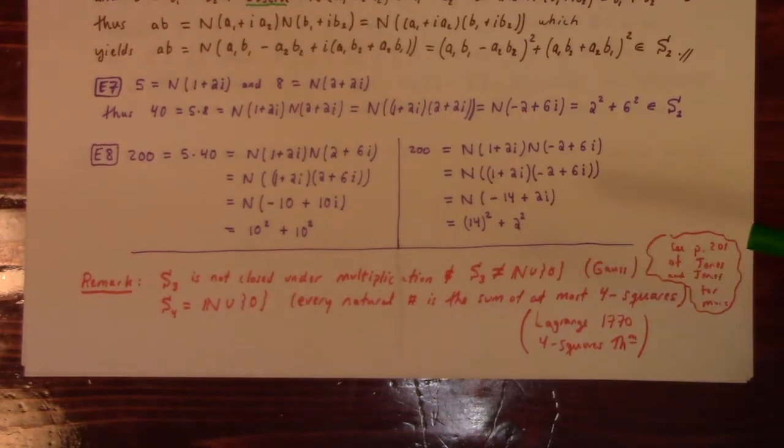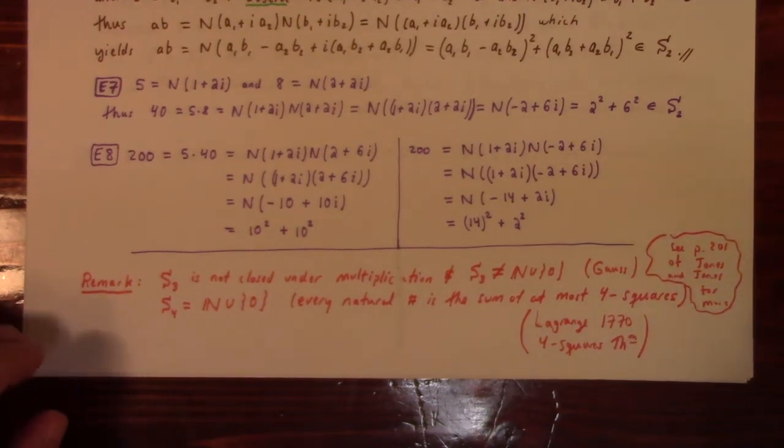This was known to Gauss, right? On the other hand, surprisingly perhaps, S4, sums of squares of up to four numbers, actually gives you every natural number. Every natural number is the sum of at most four squares. This theorem is due to Lagrange in 1770. It's known as the four squares theorem.